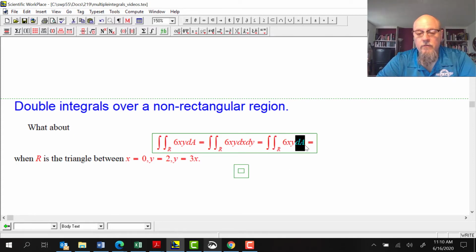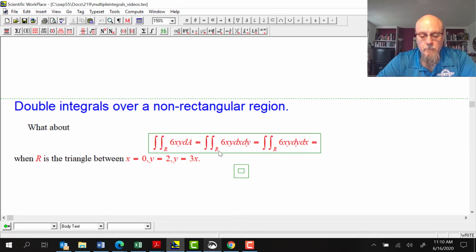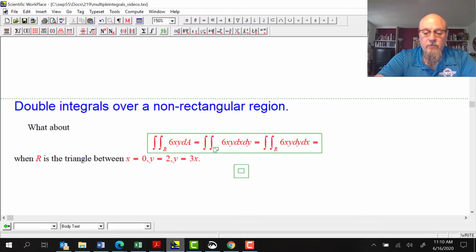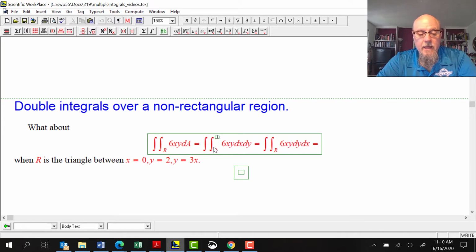Our second choice, we did dy and then dx. When we did dx first, our x's started at x equals 0 and ended at y over 3.